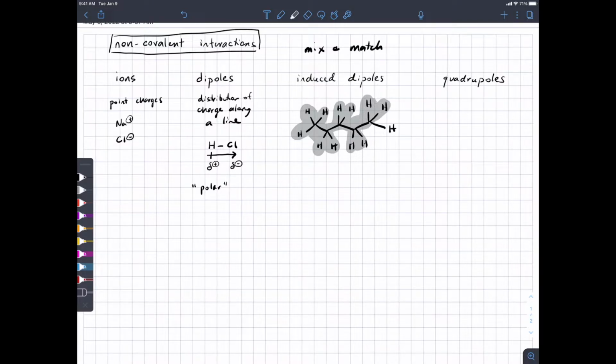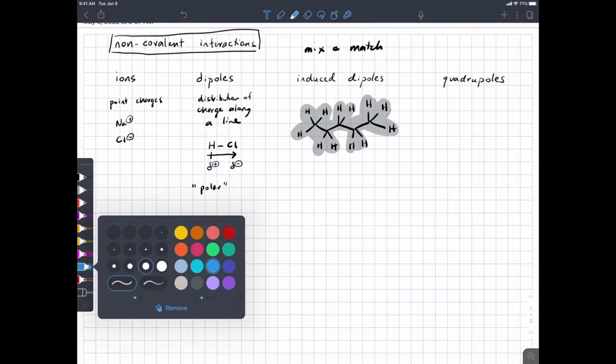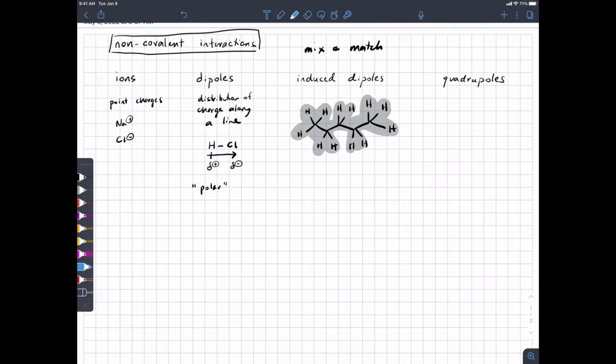That cloud of electron density is not a hard little sphere. It's more malleable than that. And so that electron cloud can fluctuate temporarily so that along one side of the molecule there's a slight excess of, let's say, positive charge, and we'll use the blue color to represent positive, and then the red color to represent negative.